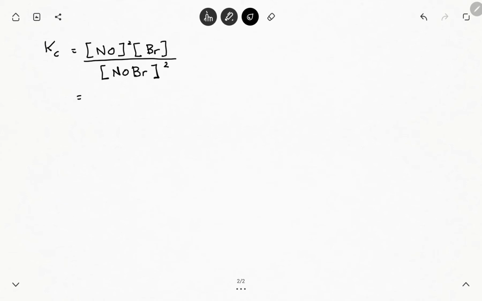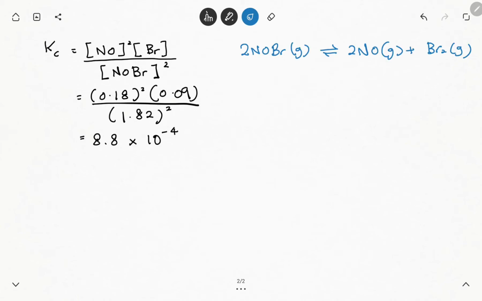Just substitute the values from just now. Make sure it is the concentration at equilibrium. So Kc is 8.8 exponent negative 4.